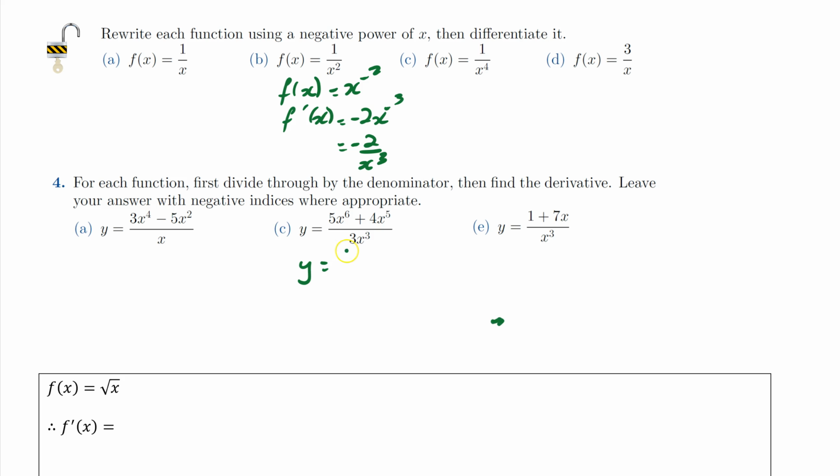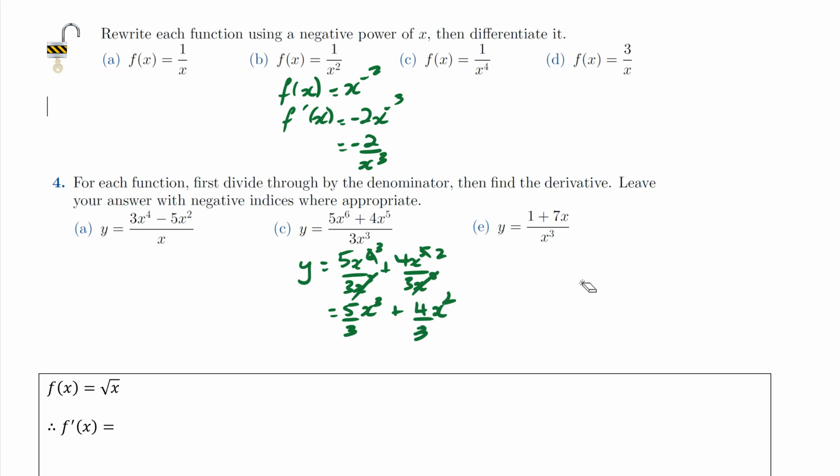So if we do that, then we'll have 5x to the 6th over 3x cubed plus 4x to the 5th over 3x cubed. Now those 3 will go out with 3 of those. Those 3 will go out with 3 of those. So that means that we've got 5/3 x cubed and 4/3 x squared.